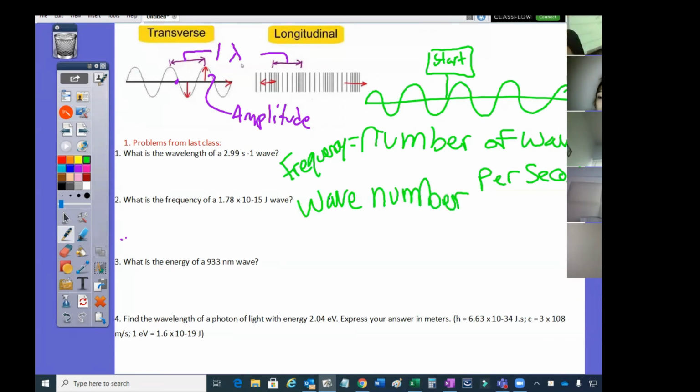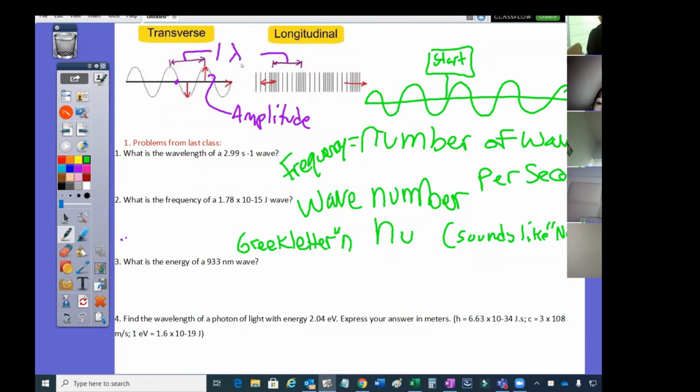The Greek letter that we use to represent number is literally the first two letters of the word number, nu. It's pronounced nu, like new car. That's how you pronounce the Greek letter N. It's symbolized as an italic v, but it's not a v.